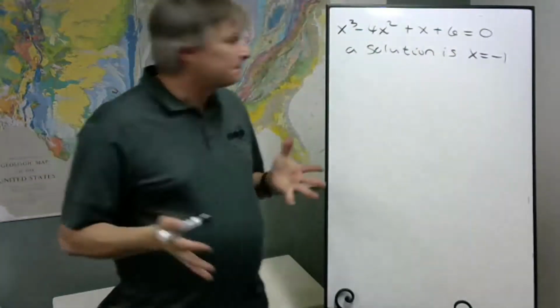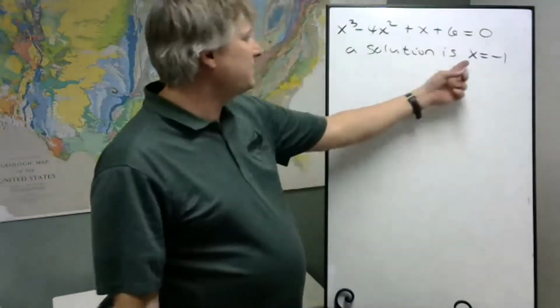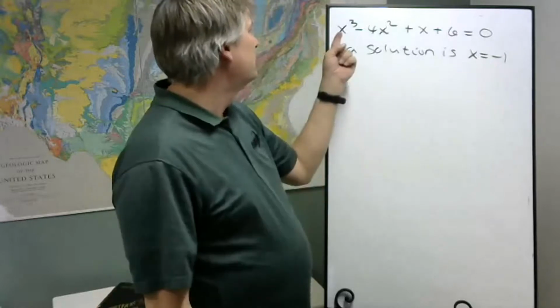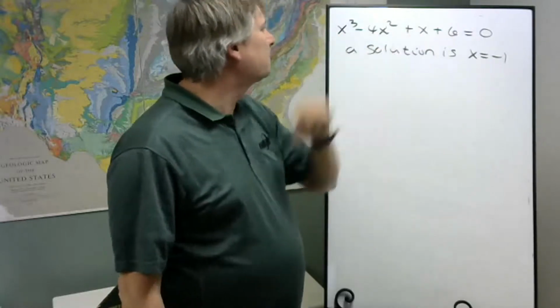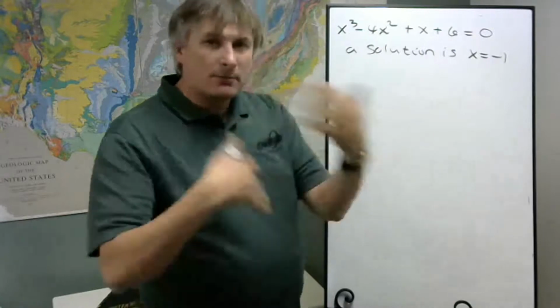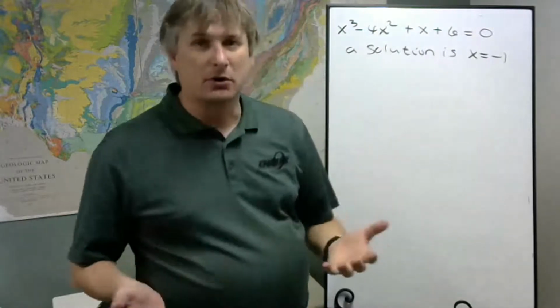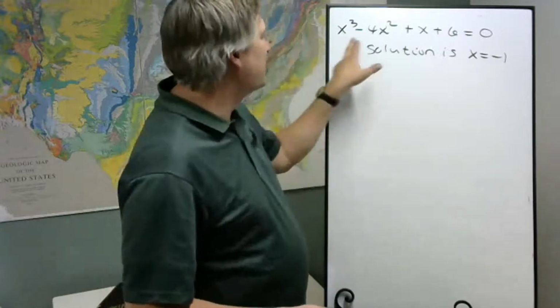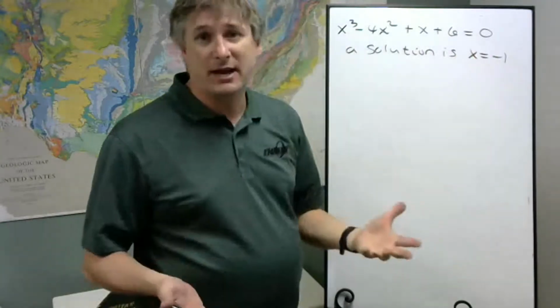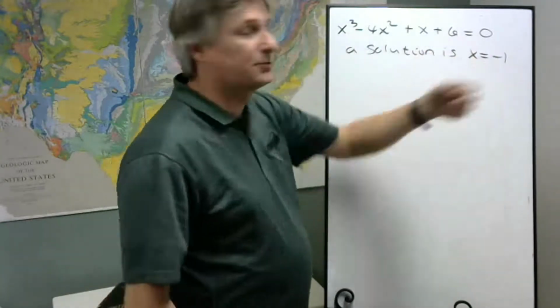So what does this mean? Well, if we replace x with -1 in this equation and do our computations, we're going to get 0. That's what a solution means here. It satisfies the equation. If we replace x with -1, we'll get 0 equals 0.